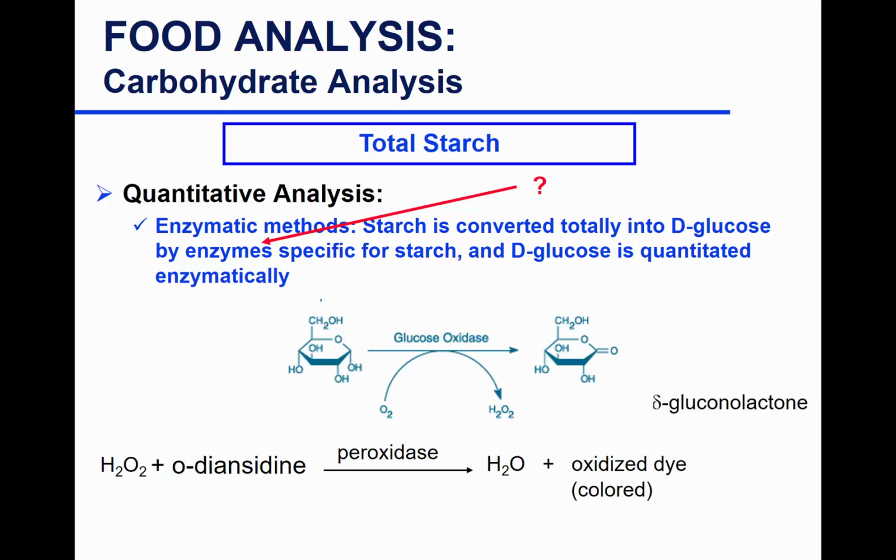You would determine the amount of oxidized dye generated by measuring absorbance, and you can calculate back the glucose amount to determine total starch. You need obviously a standard curve, and you would use glucose for the standard curve.